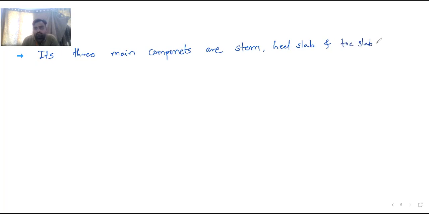I have already told you which is toe slab, which is heel slab, and which is stem. All the components act as a cantilever. Therefore, this is called as the cantilever retaining wall.